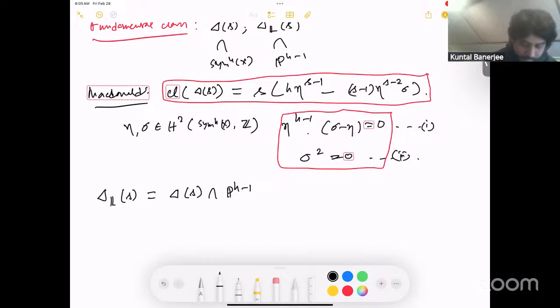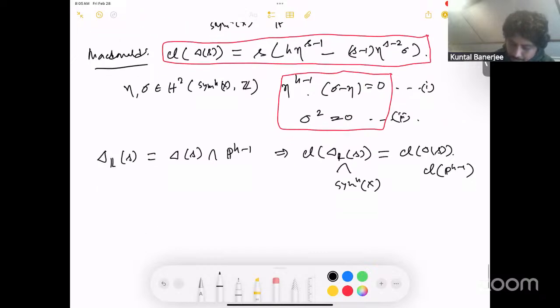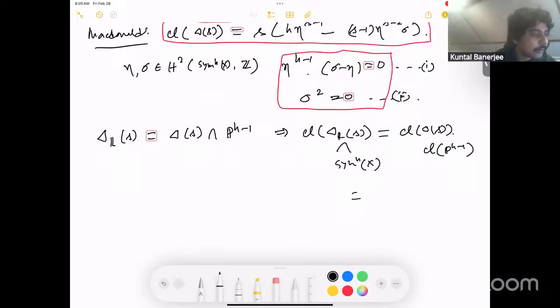Okay, so its fundamental class will be the product of that, which is inside as a subvariety of the symmetric power. And this is actually computed as SH times eta power S minus 1 times sigma.